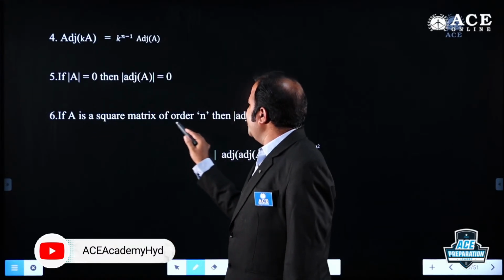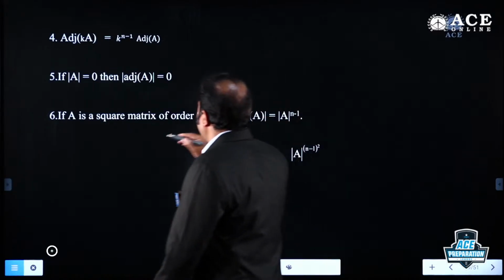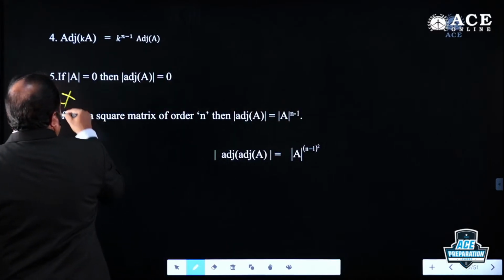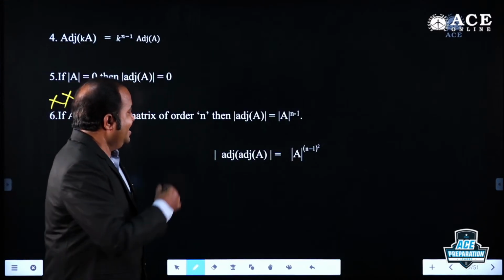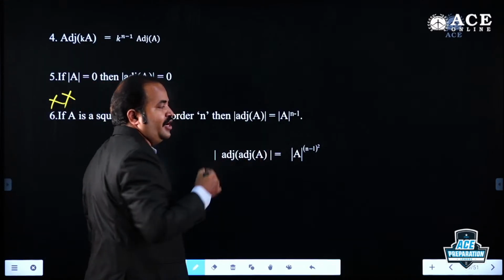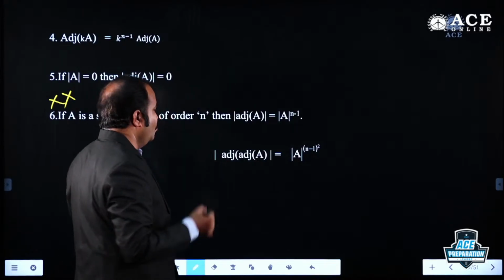Next, if A is a square matrix of order n, this is a very important property, the sixth one: det of adjoint of A equals det A whole power n minus 1. Similarly, determinant of adjoint of adjoint of A equals det A whole power n minus 1 whole square.